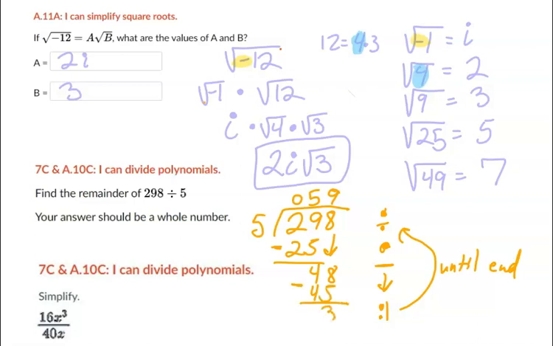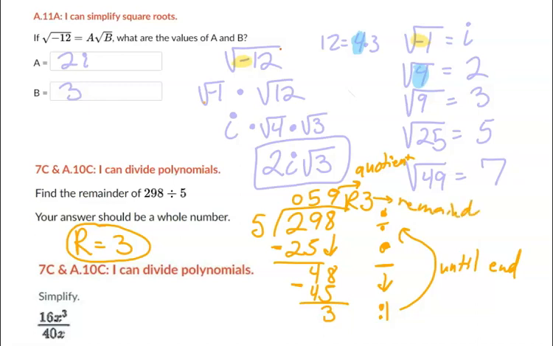Subtract them. There's nothing else to break down, so 3 is your remainder. Your remainder is 3. Your quotient is 59. If you were to write this as a mixed number, it would be 59 and 3/5.